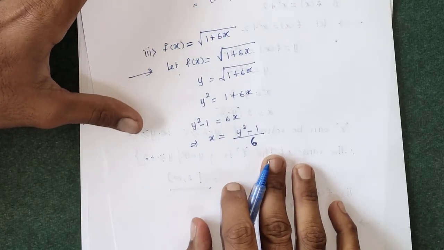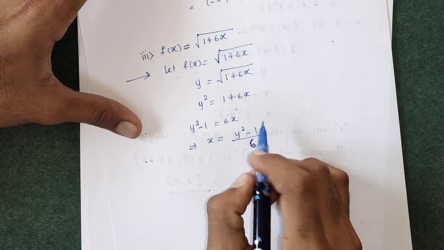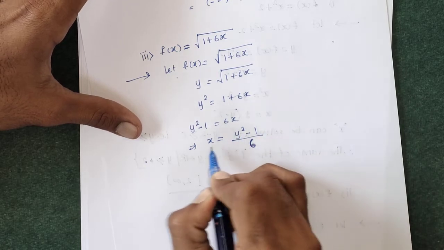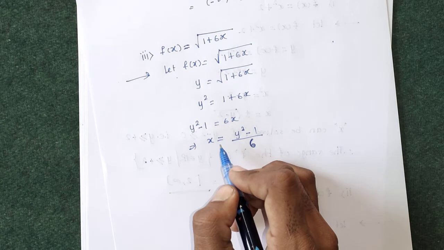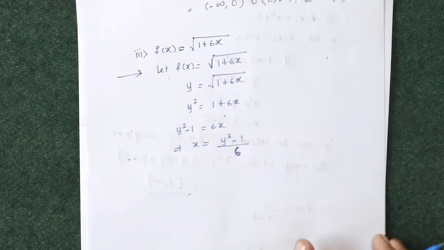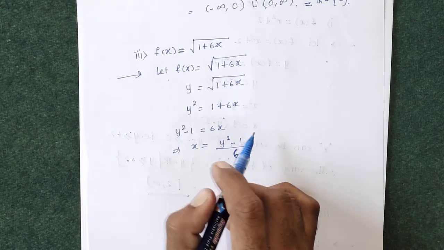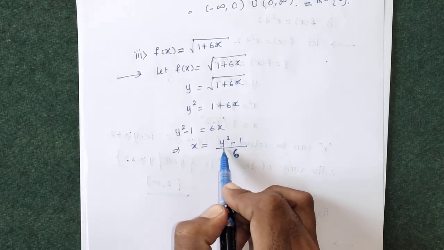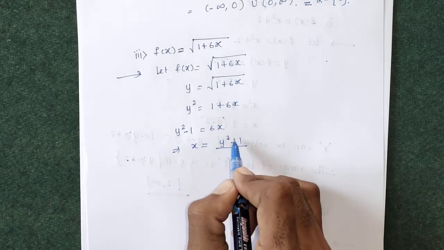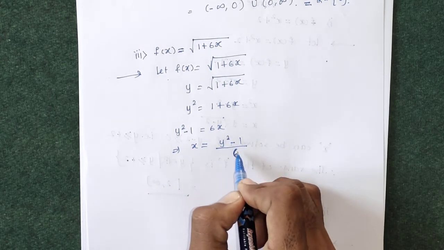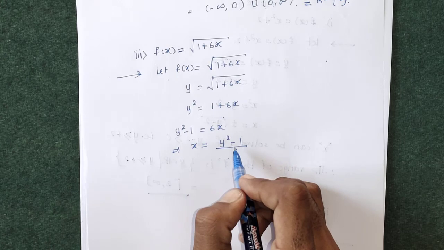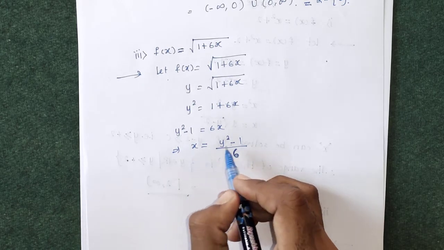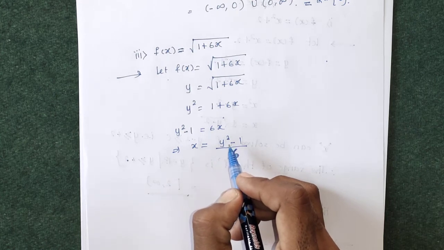Now we have to find for which values of y x can be solved. So here x can be solved for any real number y. We can clearly say that if you put any real number, suppose you put y equal to minus 1, then minus 1 square is plus 1, 1 minus 1 is 0, so 0 upon 6 is 0. So therefore this x can be solved for all real numbers y.